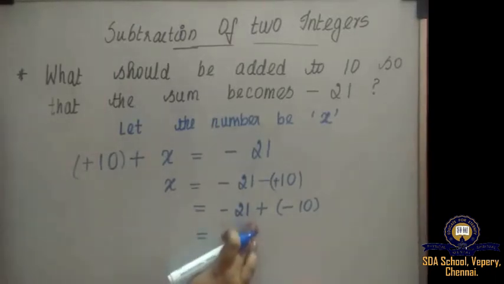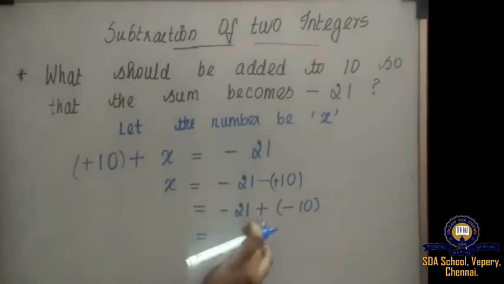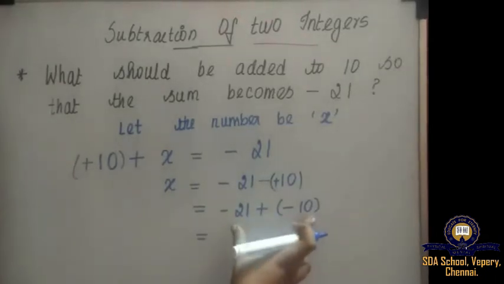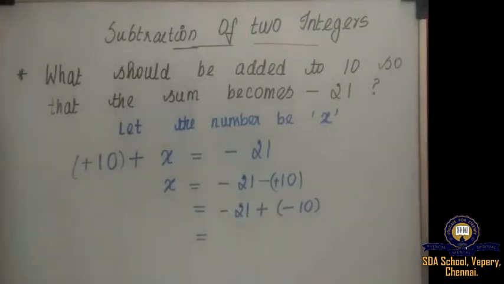Now it is in the form of addition. So minus 21 plus of minus 10. Both the integers have negative sign. So you have to first find the absolute value and you have to add the absolute value and put the same sign which is negative, because addition of two negative integers give a negative integer.